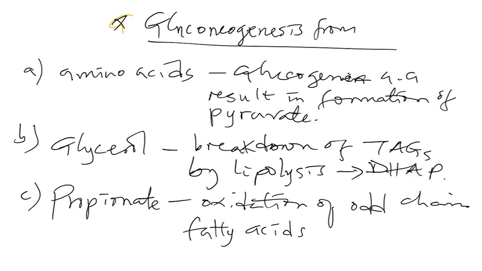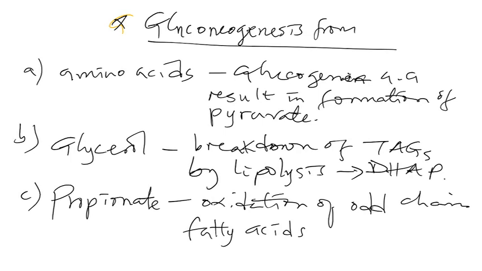So when they are oxidized, because the slicing of the carbon atoms is done every 2 carbons, the last group of carbons comes out with 3 carbons, which is the propionate group, and this is what actually goes on into gluconeogenesis also.